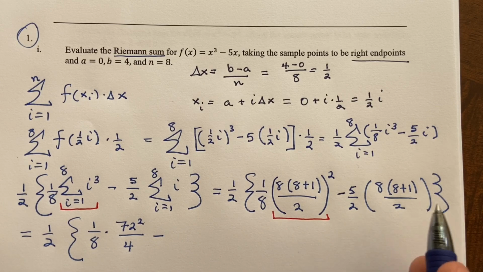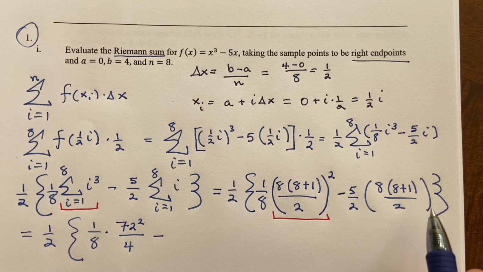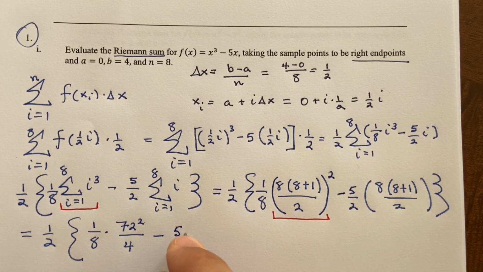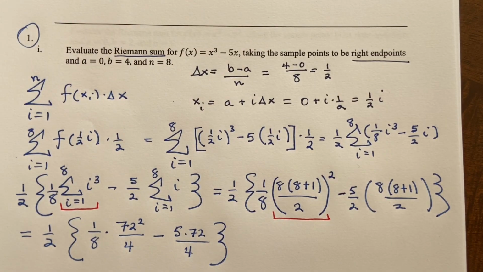And then minus 72 over 2, 5 times 72 over 4. Let's see, I should have just grabbed a calculator.